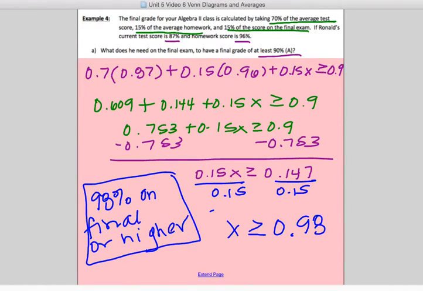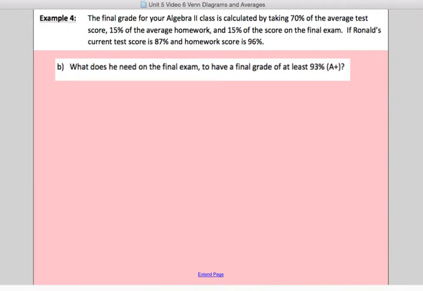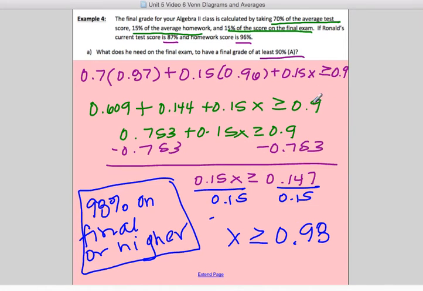Okay. Moving on to B. All right. This piece is still exactly the same, but now we're saying what does he need on the final exam to have a final grade of at least 93%, an A+. So what I'm going to do is go back to my last problem, and we are just going to change this piece. All the scores up to this point are the same, and this is just simplifying.